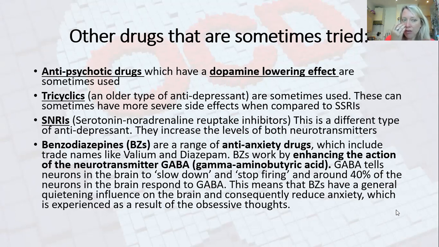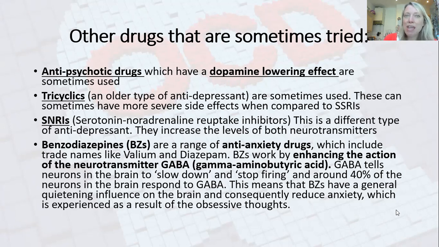And then there are drugs called benzodiazepines, BZs, and they are anti-anxiety drugs. So you might have heard of things like Valium, diazepam. They are anti-anxiety drugs. And again, it's actually what they do with our neurotransmitters. Now, if you look at that information there, I've written down that BZs work by enhancing, making better, the action of the neurotransmitter GABA.